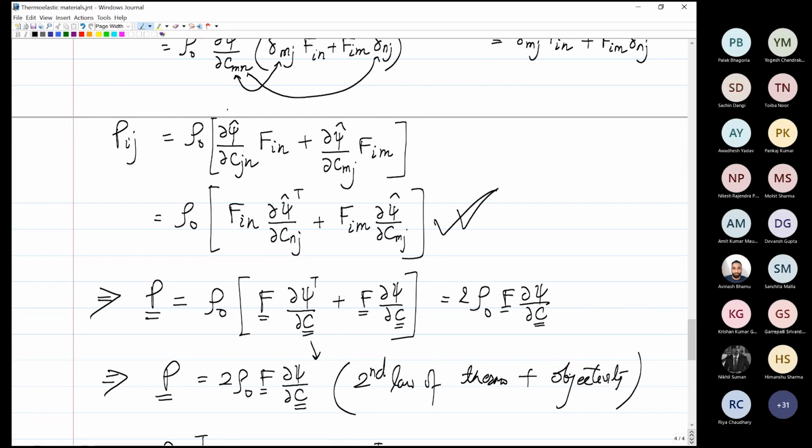Yes sir. But I don't see any transpose. When Fin comes from right to left, there is a transpose, no? No, no, no. First term. See, Fin is a scalar quantity, no? And del psi by del Cjn is also a scalar. So scalars you can move anywhere without doing any transpose. Okay sir.